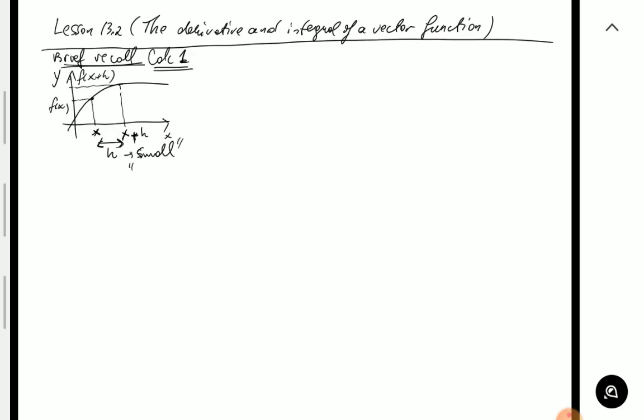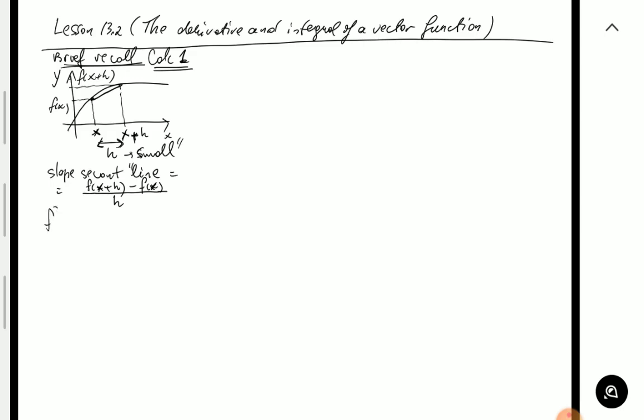What is the difference in the corresponding y coordinates as x changes? It's another way of asking what's the slope of the secant line. So the slope of the secant line that connects the 2 points on the graph is nothing but what we call in calculus 1 the difference quotient of that function around those points, f of x plus h minus f of x over h. Okay, so that's the secant line.